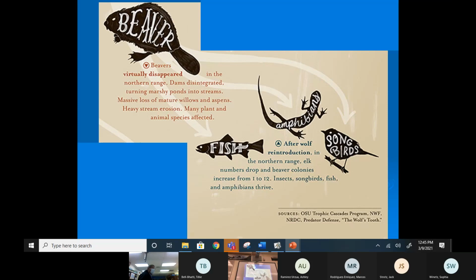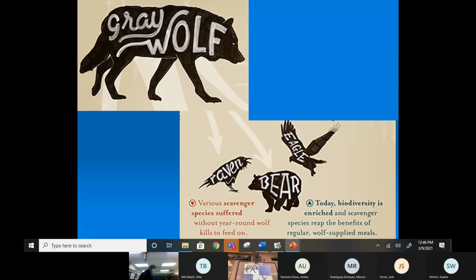And these creatures went back up. So it's kind of a chain reaction, isn't it? One change in one part of the ecosystem led to these changes in other parts as well.